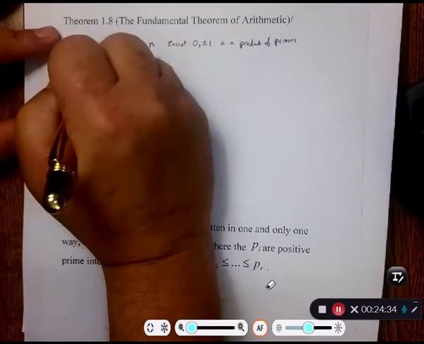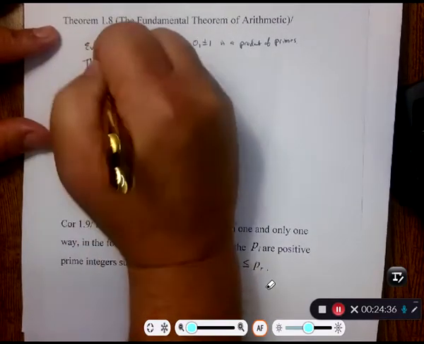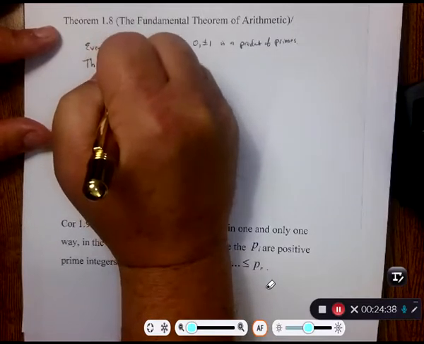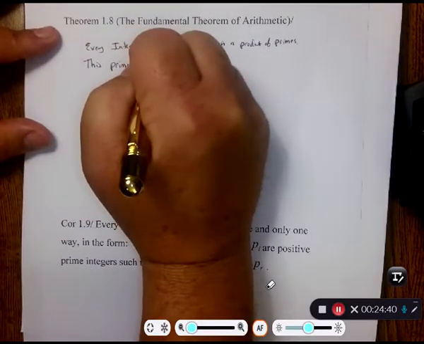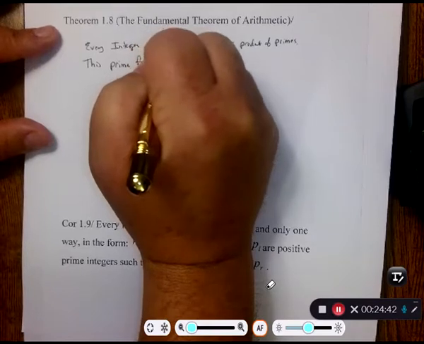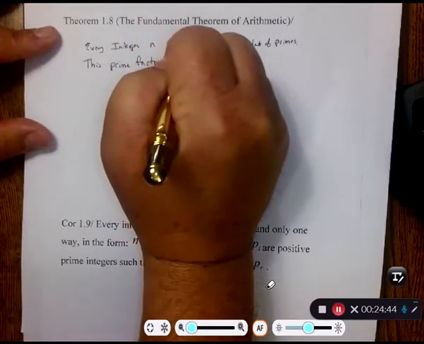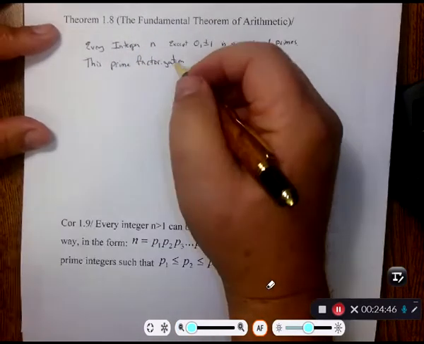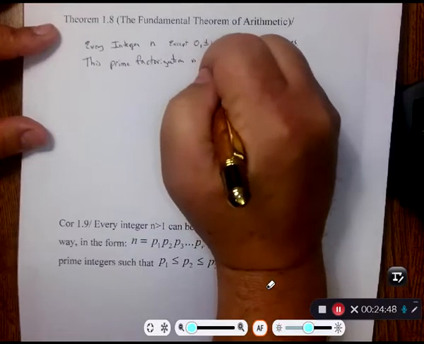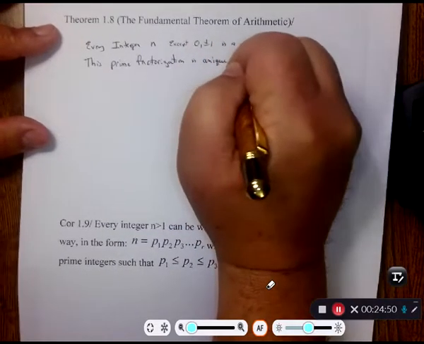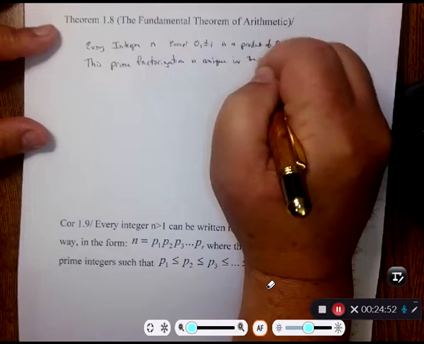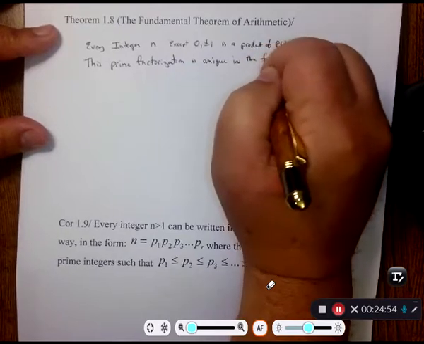This prime factorization is unique in the following sense.